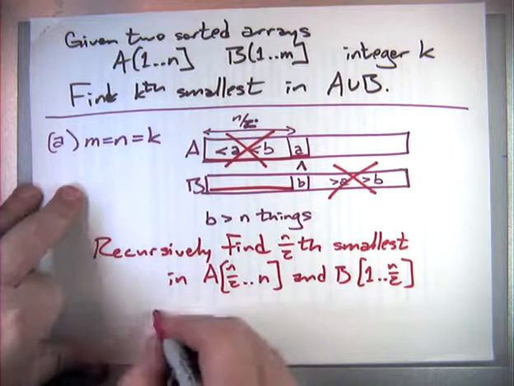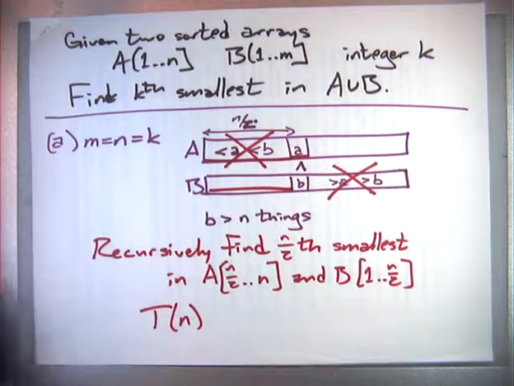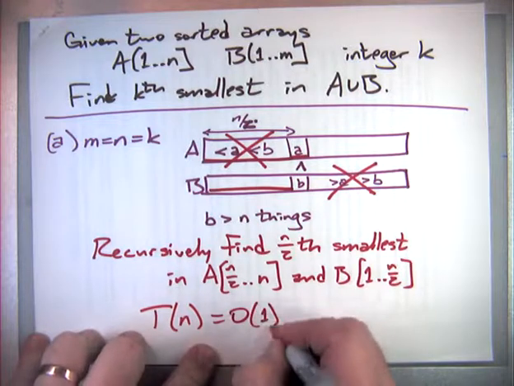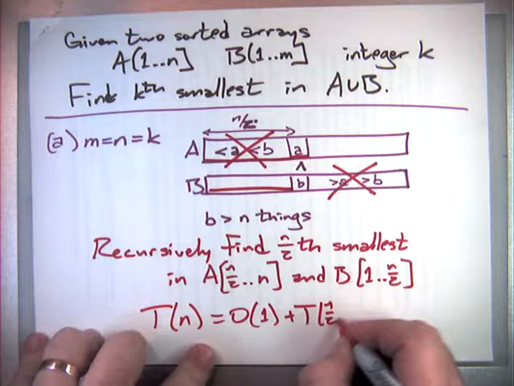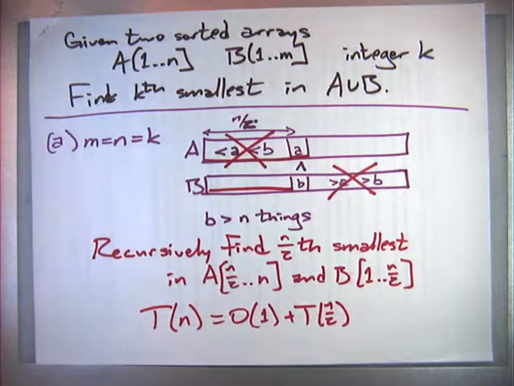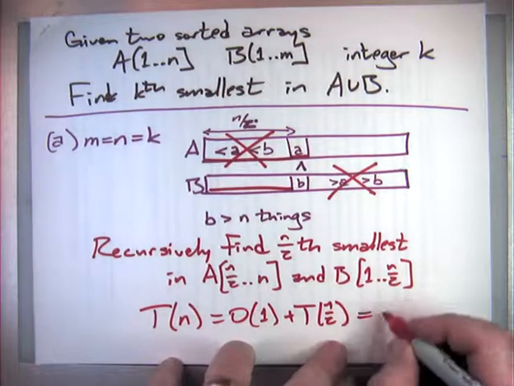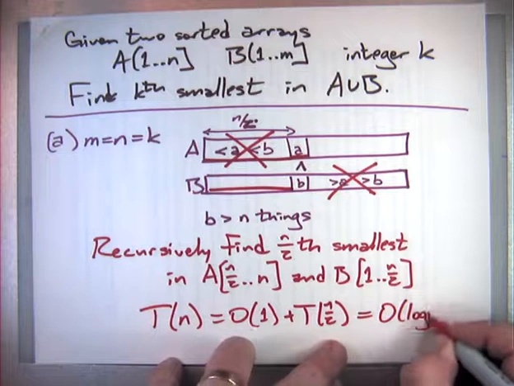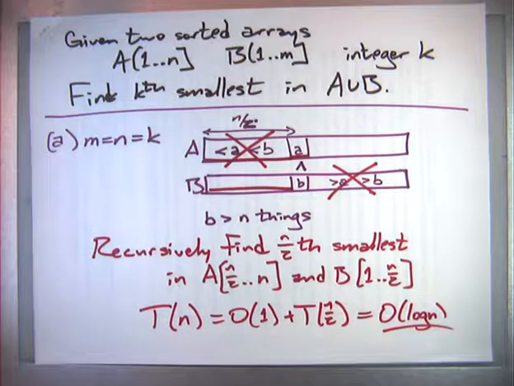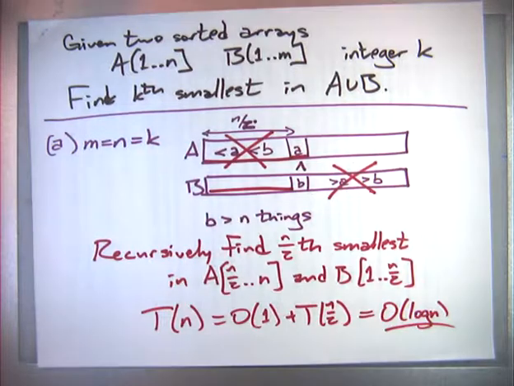So I end up with an algorithm that to find the median of the union of 2 sorted arrays of size n, I do a constant amount of work, and then I recurse on an array of size n over 2. This is, of course, the recursion for binary search, and so I end up with log n time. Okay. The case where little b is smaller is exactly symmetric. I end up throwing out the other halves of A and B.